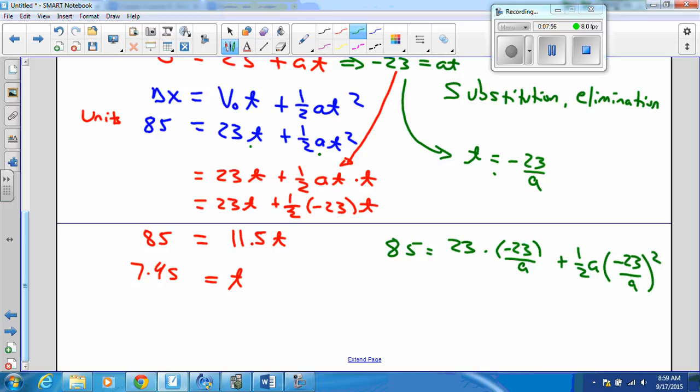Just like that. And this gets me that 23 times negative 23, which is slightly intimidating, but it's not too bad, which is negative 529 over a plus, let's see here, we have 1/2 of negative 23 squared, which is 265.